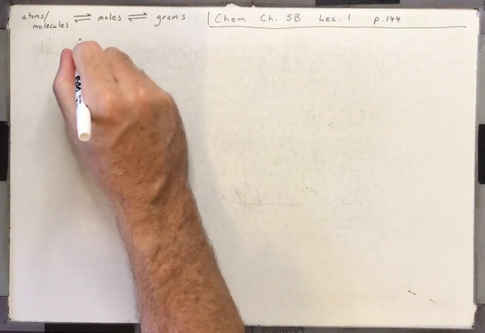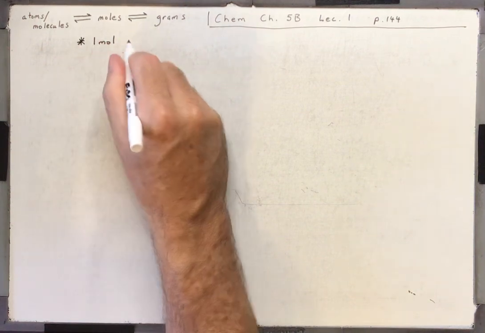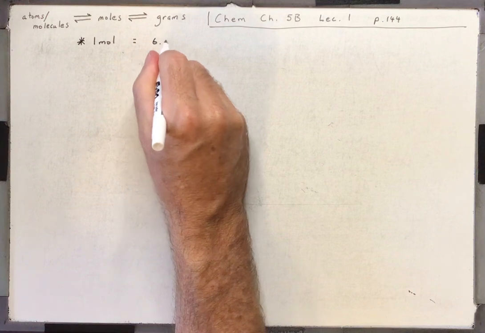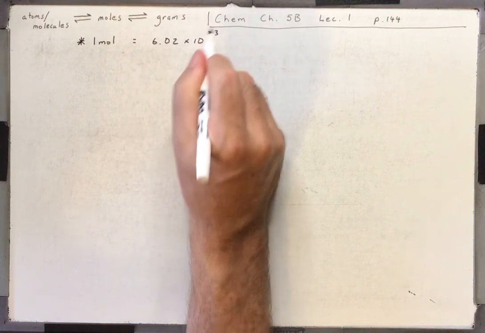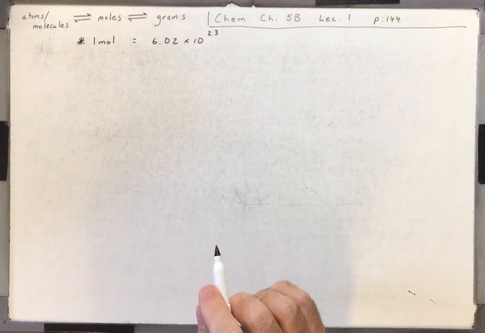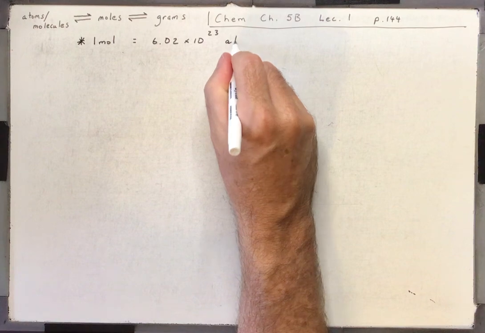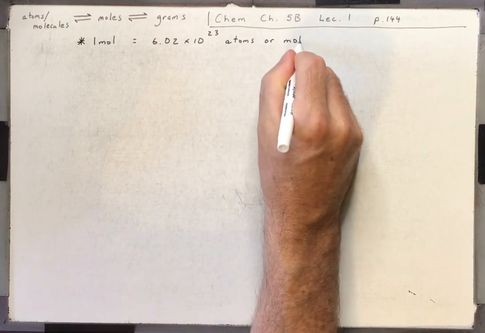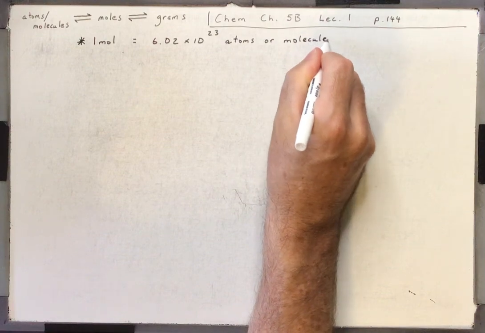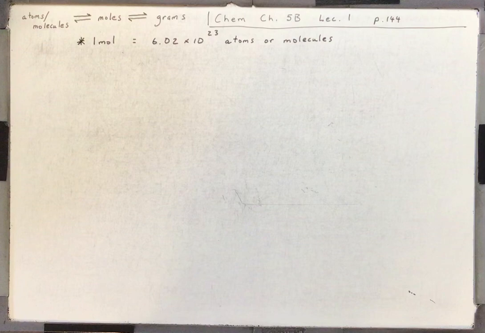1 mole is equal to 6.02 times 10 to the 23rd. It's of anything, but we typically only use it for atoms or molecules. So a mole is just a counter, a way of counting things up.